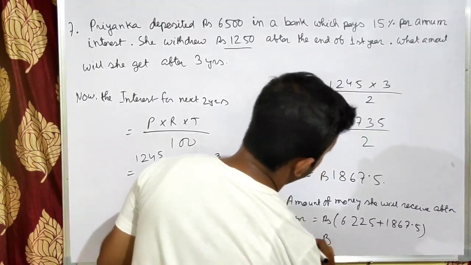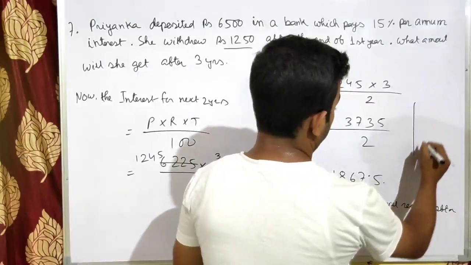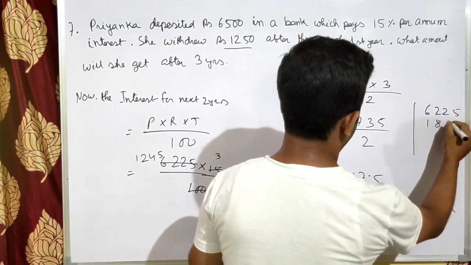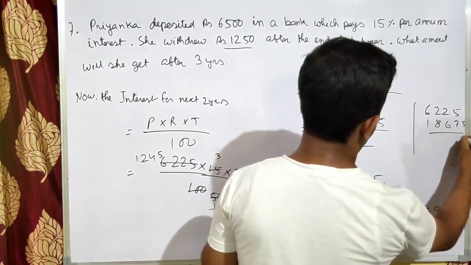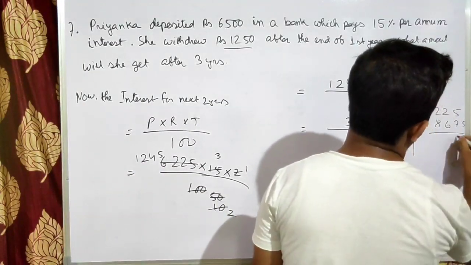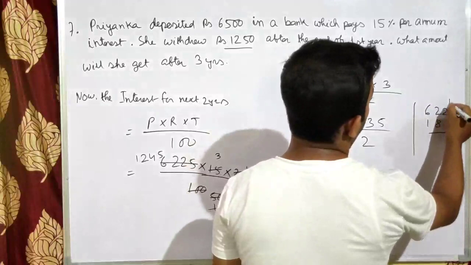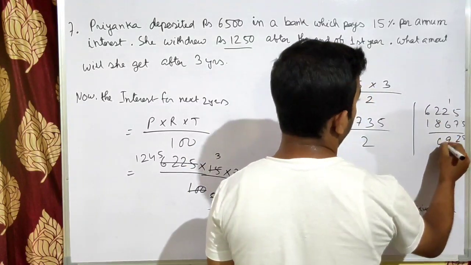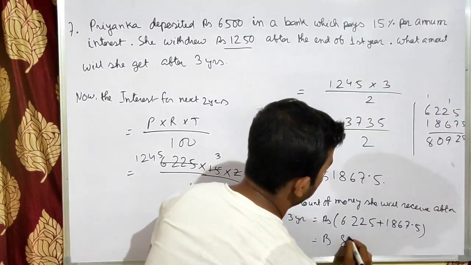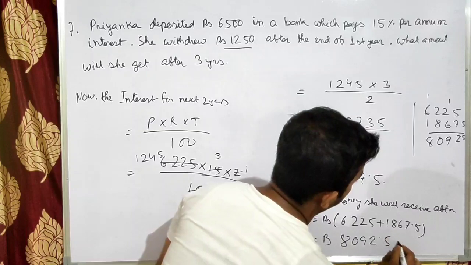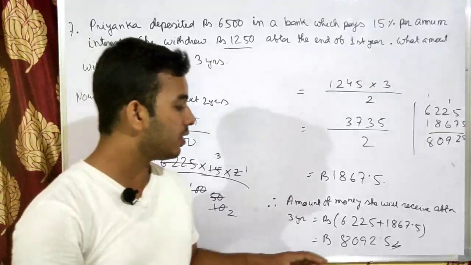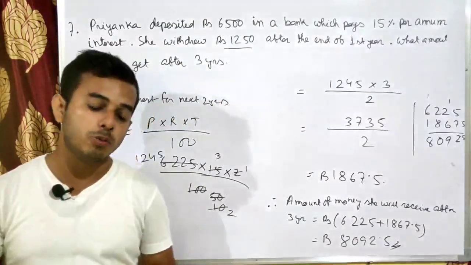So it will be rupees 6225 plus 1867.5. 5 plus 7 is 12, and carrying forward, it will be 8092.5. So after the end of the 3 years, she will receive 8092.5 rupees. I hope this is clear.